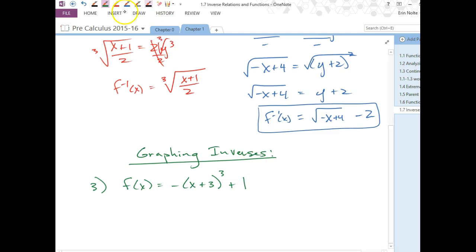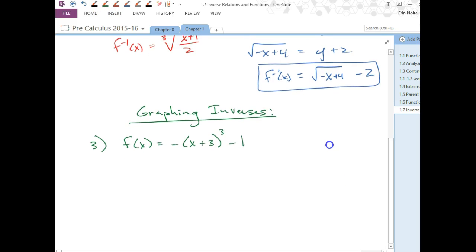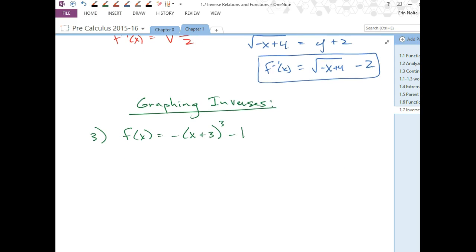So I'm going to make that a minus 1. Okay. So, how would I find it algebraically? Okay, so we switch them. x equals negative y plus 3 cubed minus 1.